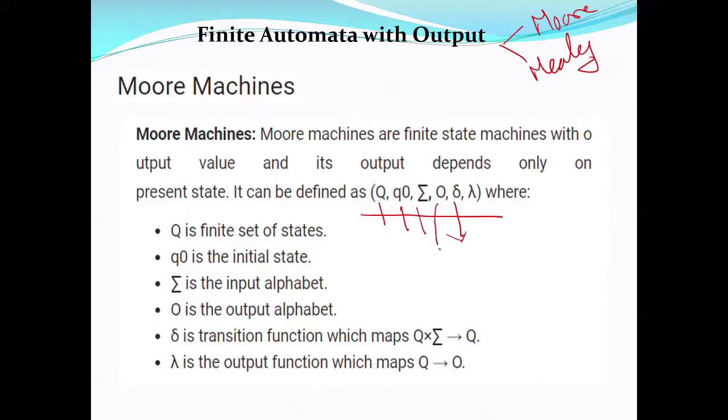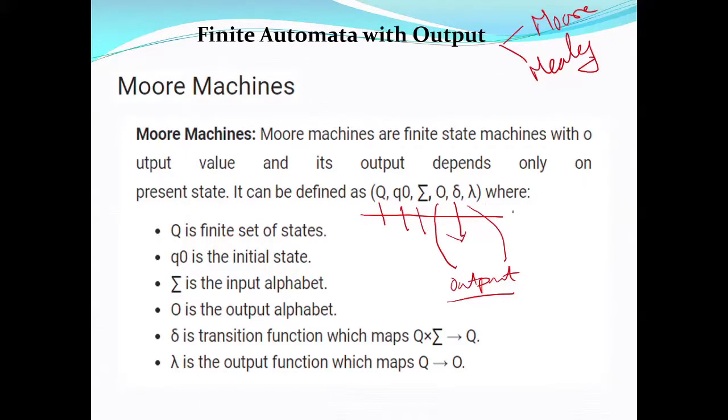Now we want two additional symbols. One is the output alphabet, because the output string may be formed from some alphabet. So in addition to the ones available in your FA, Q, Q0, sigma, delta, now there is no final state.